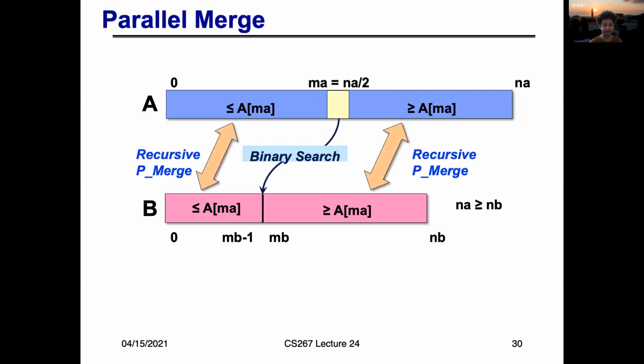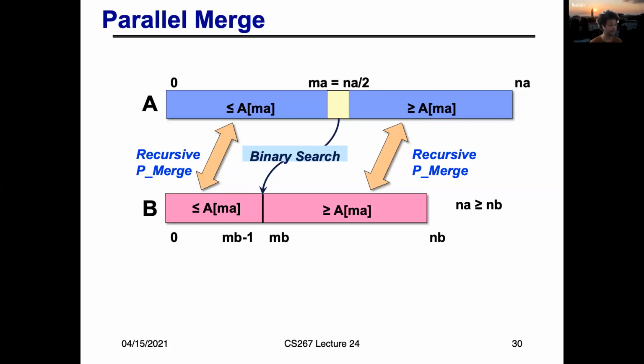All right, so recursively I can merge these because I know that everything here and here is smaller than or equal to A of MA, and everything on these sides is larger or equal to A of MA. And this algorithm will recursively merge these things. Now, this is clearly correct, but what's the complexity?